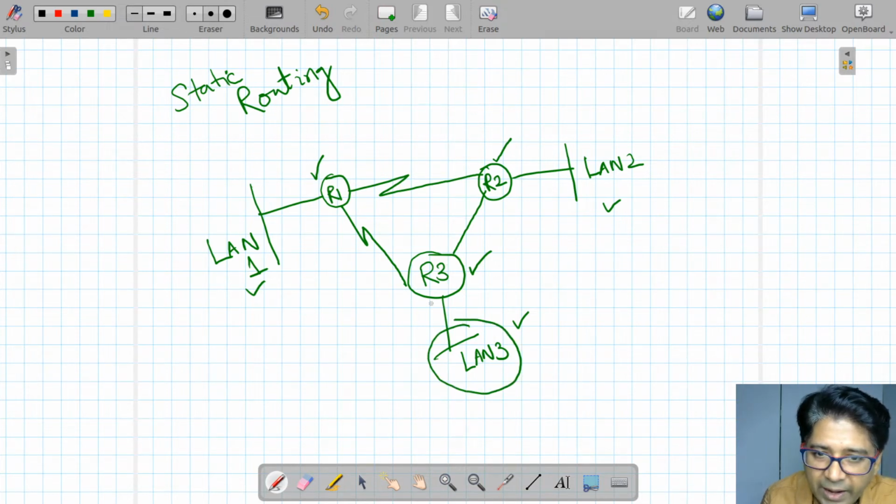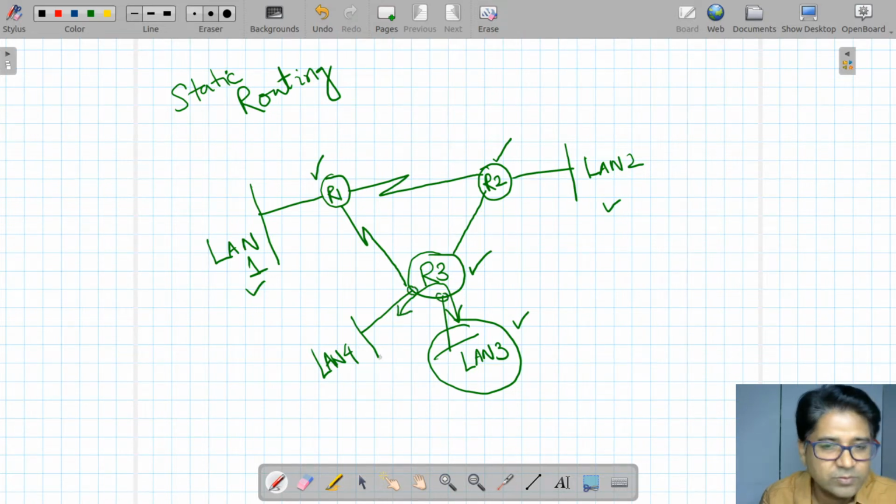If you have another LAN connected to the router, that's LAN 4, they can communicate without any routing because they are directly connected within the same router.